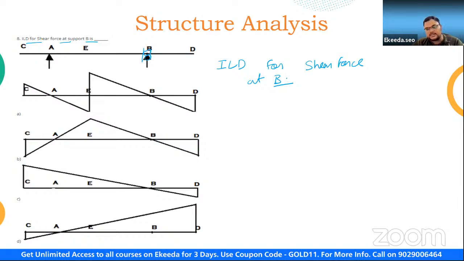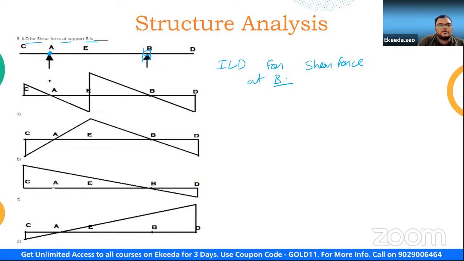Just now I told you that if there is a support and at the support you have to find out the shear force, then using the Muller-Breslau principle, you can apply it and get it. So see, I will give you one more hint. The hint is at point A. At point A, what will happen? The shear force is going to remain 0, right?